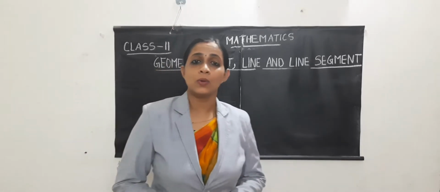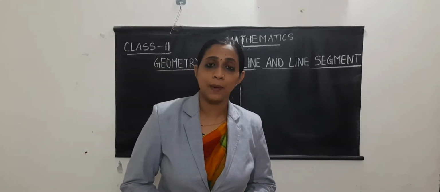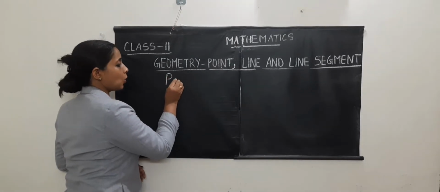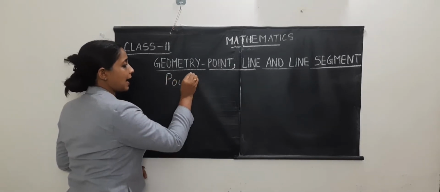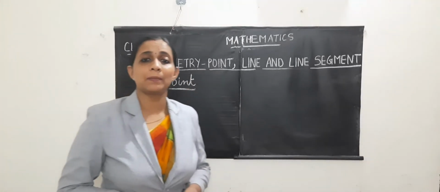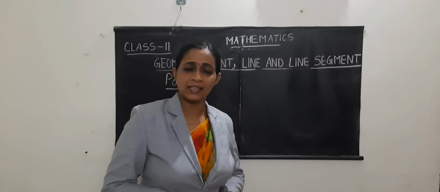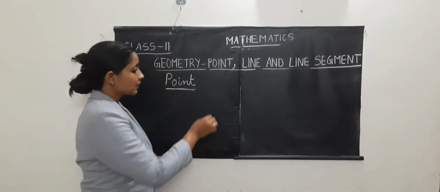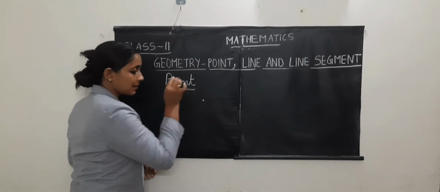Now let us see what is a point. P-O-I-N-T, point. What do you mean by a point? Do you have any idea, when I say a point, what it is?